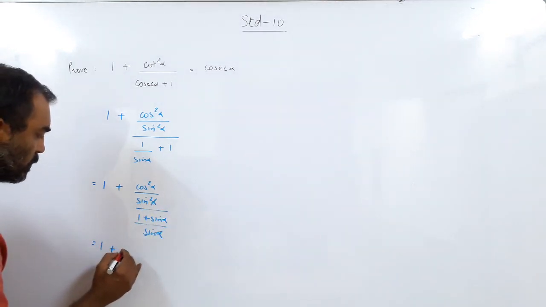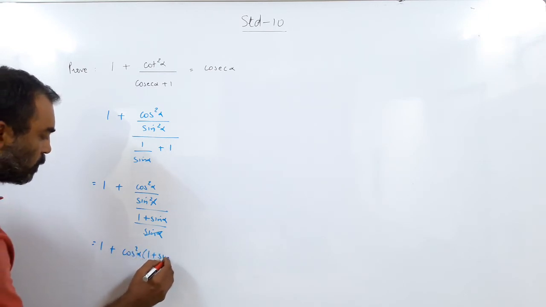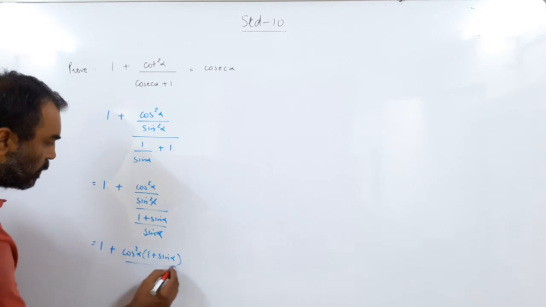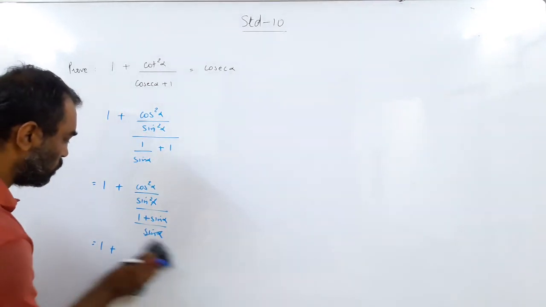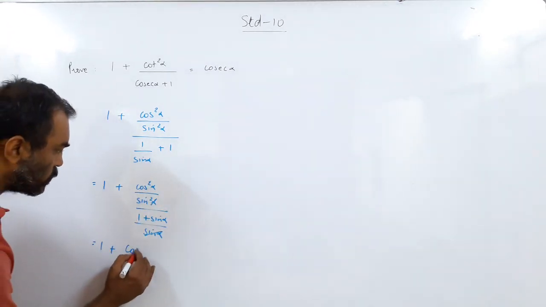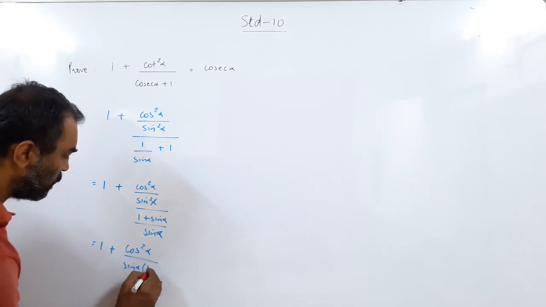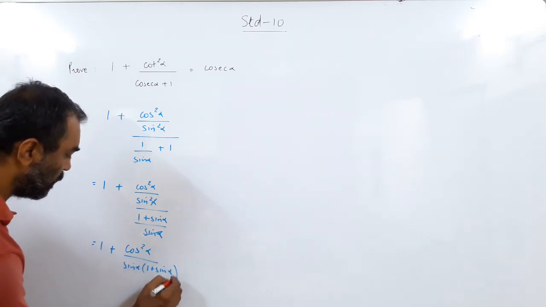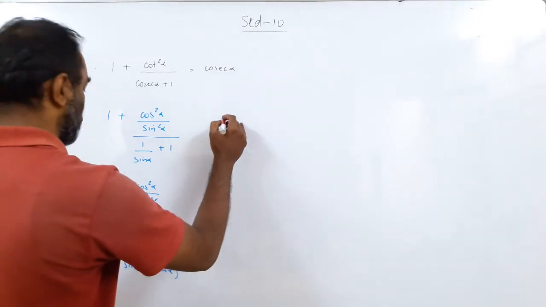So we get 1 plus cos square alpha, bracket into 1 plus sine alpha upon, we'll get what will be the reciprocal, cos square alpha upon sine alpha into 1 plus sine alpha. Right? Let us take it further.